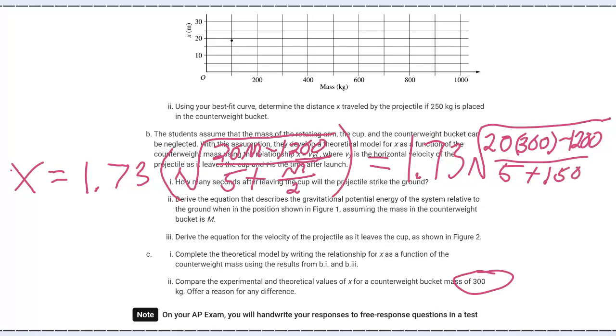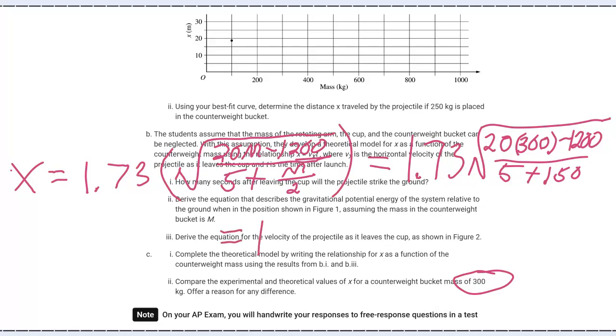Okay, well, I'm going to get my calculator out, and I'm going to figure out what that is. So 20 times 300, that's 6,000, minus 1,200, 4,800, and then divided by 155, 30.97.